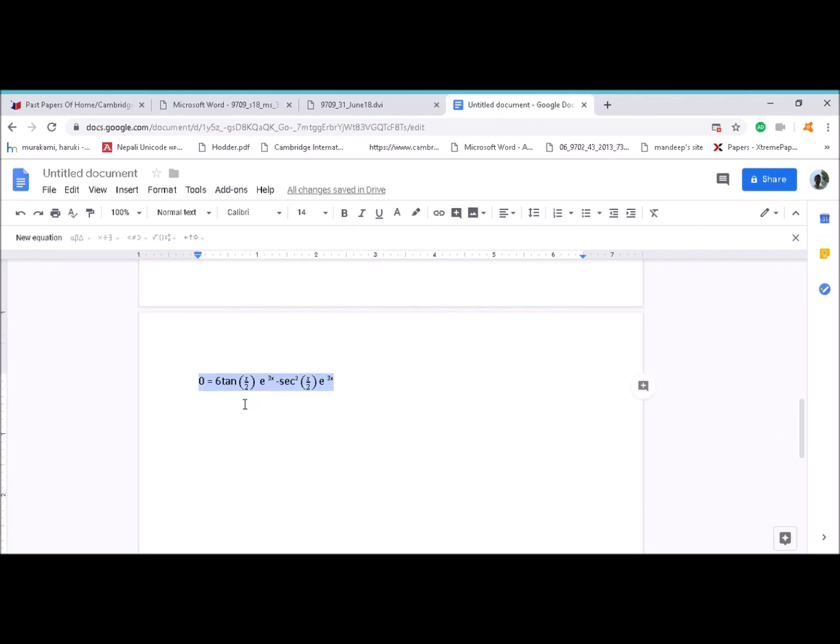So we can write 6 tan x over 2 times e power 3x minus sec square x over 2 times e power 3x. You could remove e power 3x now or later, it doesn't matter actually. So it will be 6 tan x over 2 times e power 3x minus e power 3x times 1 plus tan square x over 2, since sec square x over 2 is 1 plus tan square x over 2.